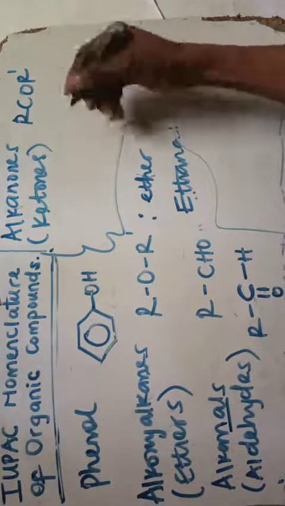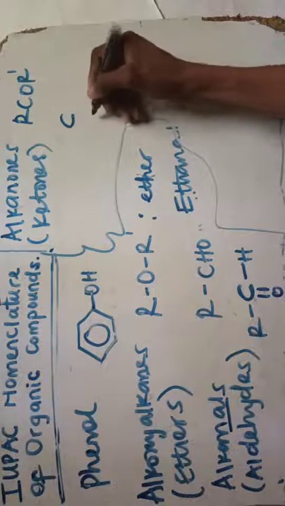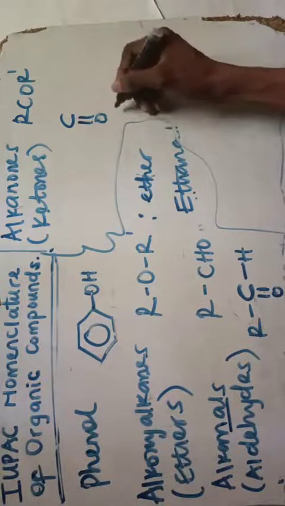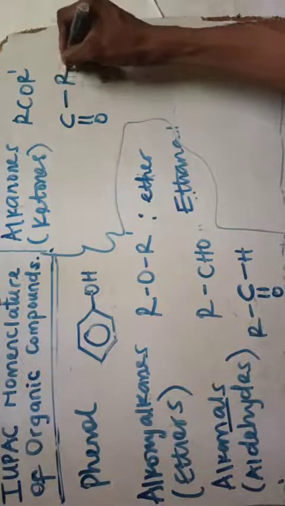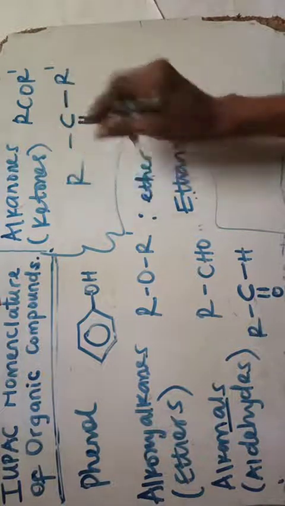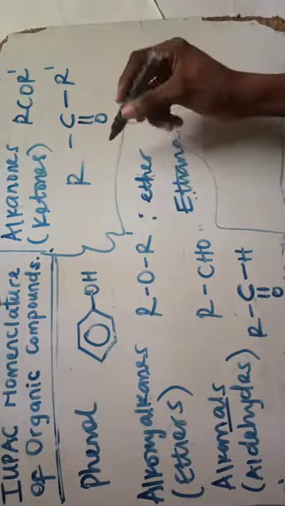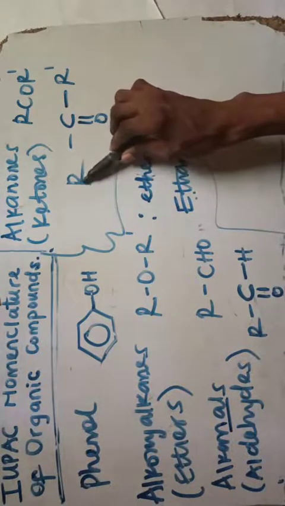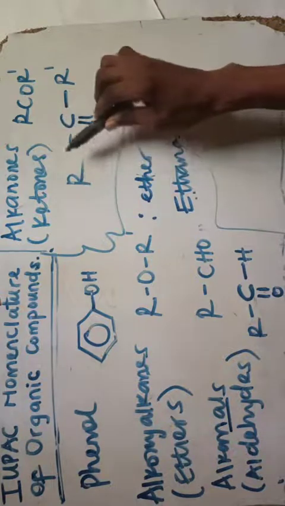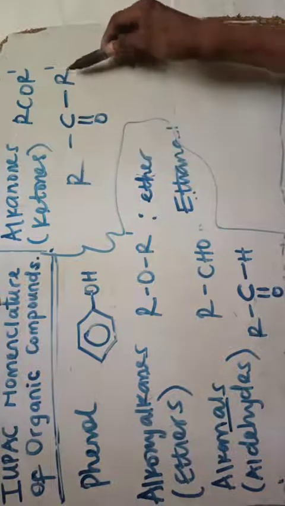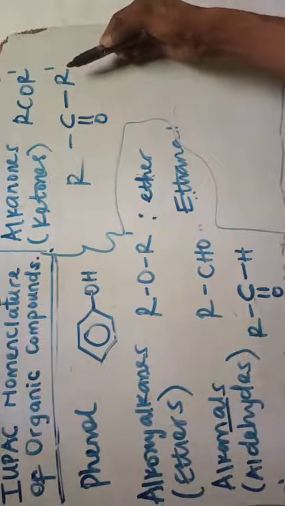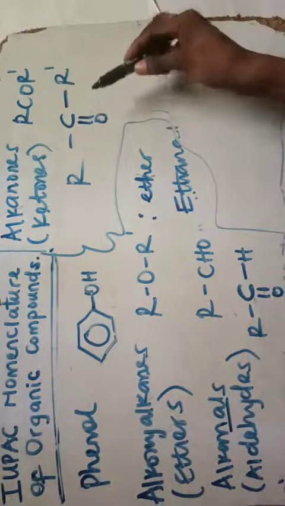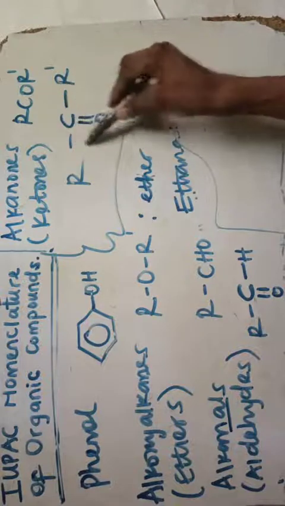You have it as a C, and the O governs the double bond attached to the carbon. Then you have your single R, that is the branch, and this is the first branch. So if you put methyl here and methyl here, that will be propanone, and the name governs it.